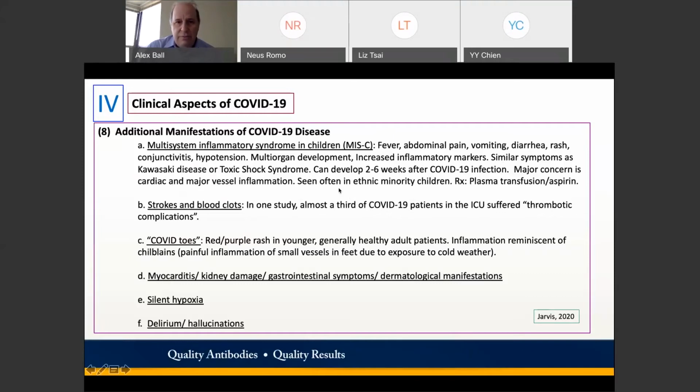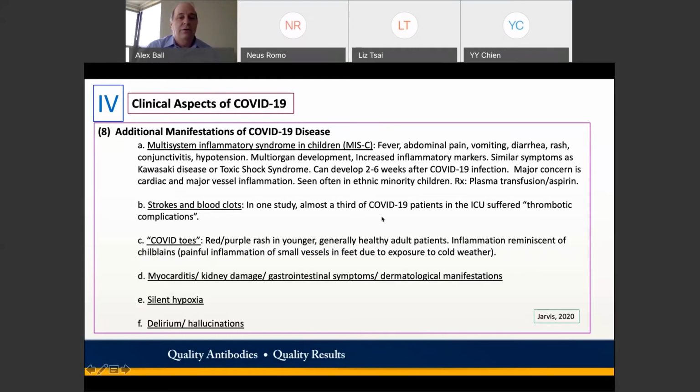What also seems to be observed, but the reason is unclear, is that it's often seen in ethnic minority children. Now, if the child is brought in and treated, the outcome is actually quite good, with intravenous immunoglobulin and also aspirin.